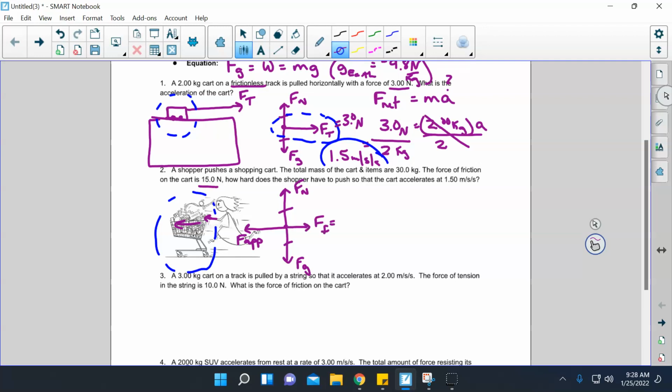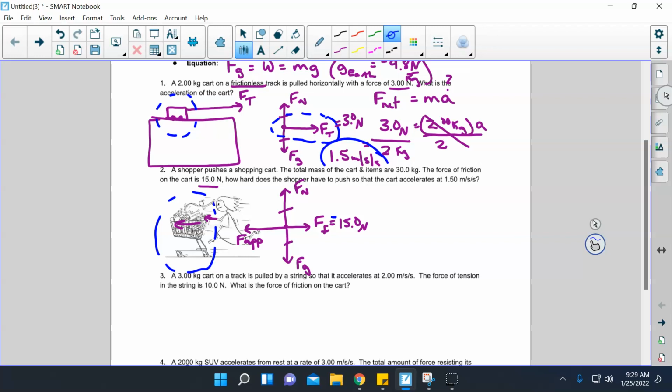Now, force applied has to be greater in order to accelerate that cart. And I know force friction is 15 newtons. Now, I like to make force friction negative because it's going against my motion. It's up to you. You could sign it as being positive. You just got to follow through on the problem.